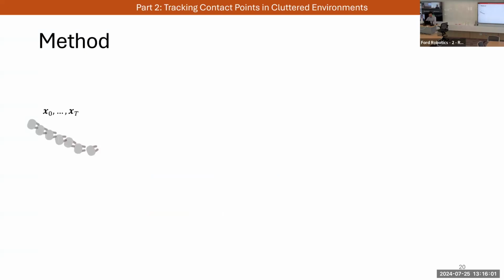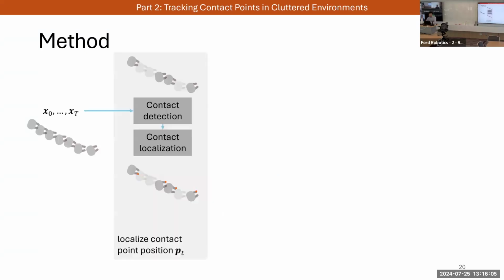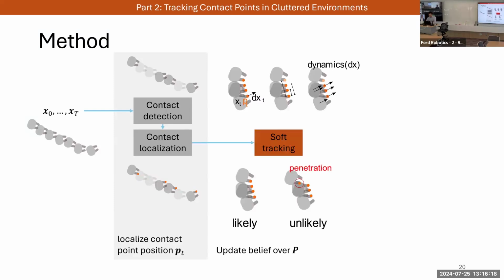At a high level, we start with the trajectory of robot end effector poses. Then using prior work, we detect contact as well as localize the contact point on the end effector. Again, here we're assuming only one contact point per contact, but we relax that assumption in our later work. Then we apply our tracking method to estimate the position of all contact points.